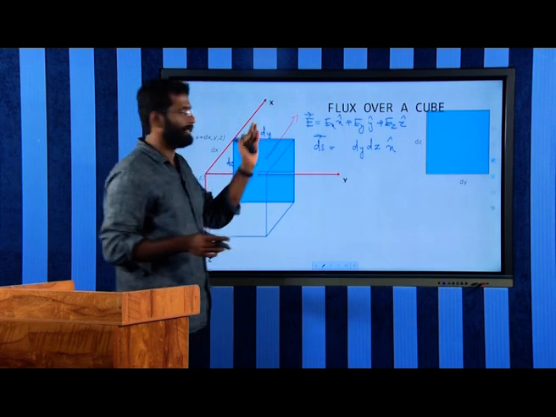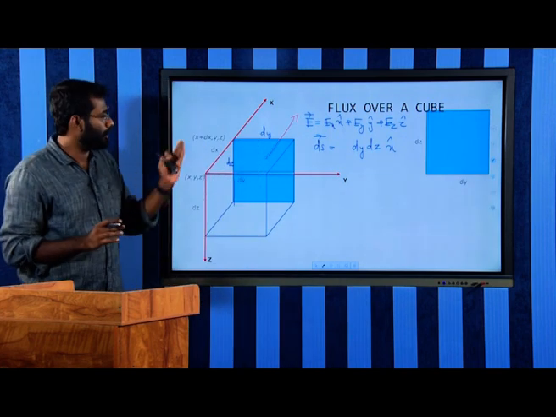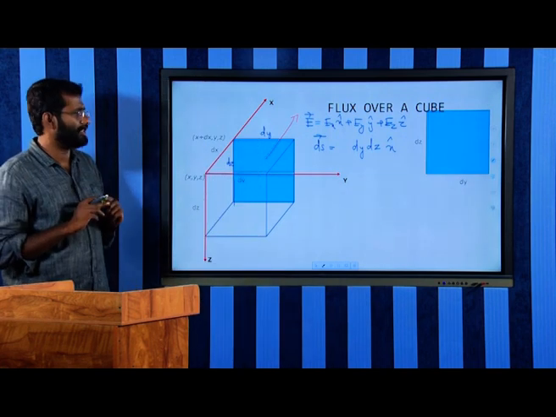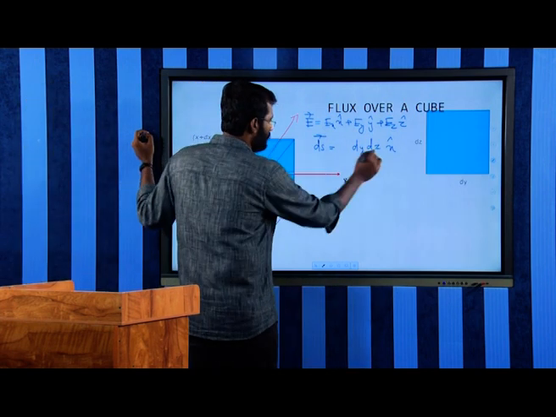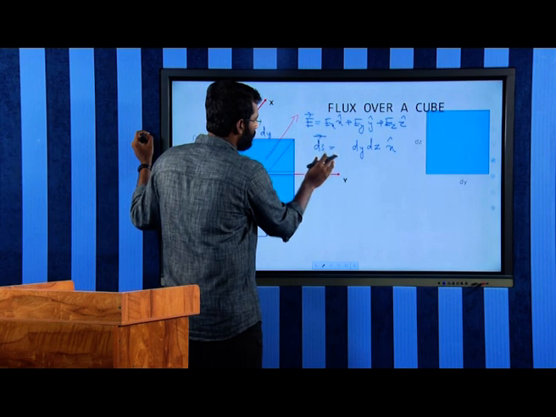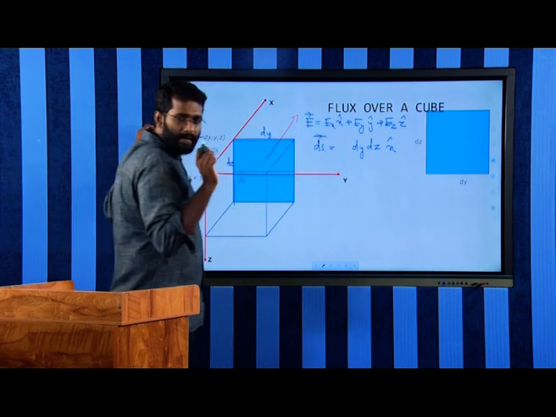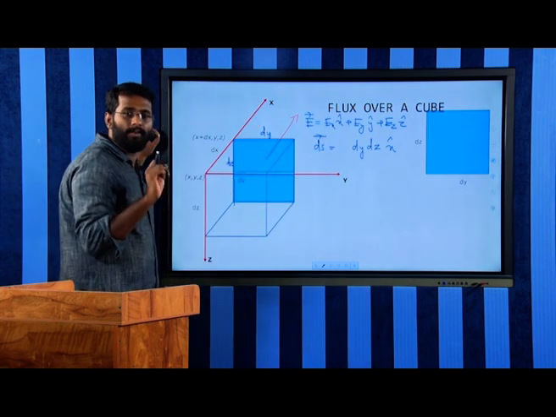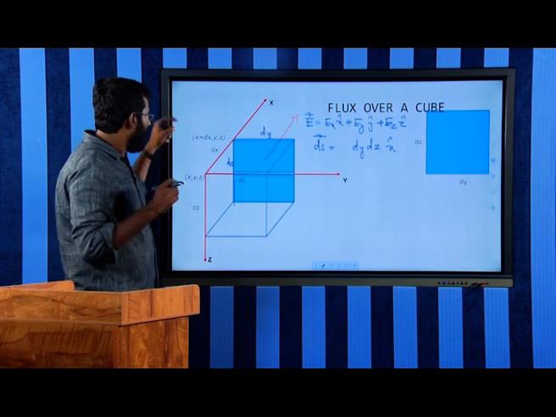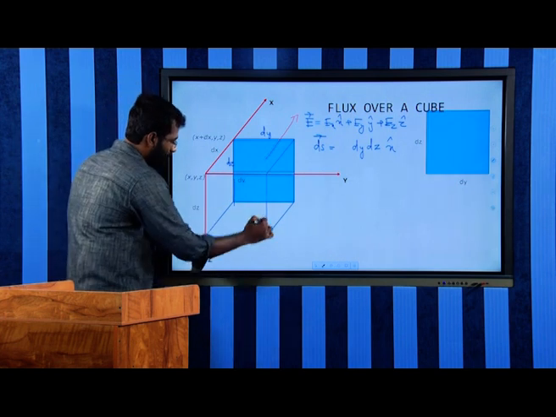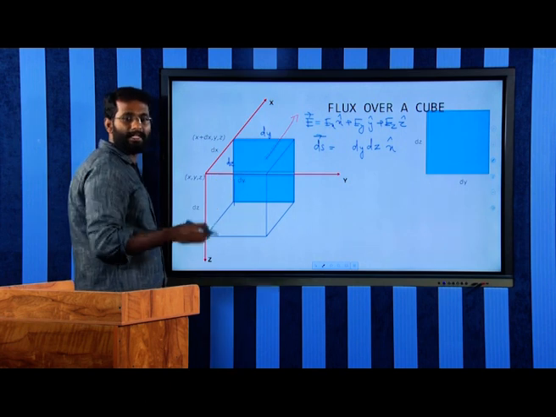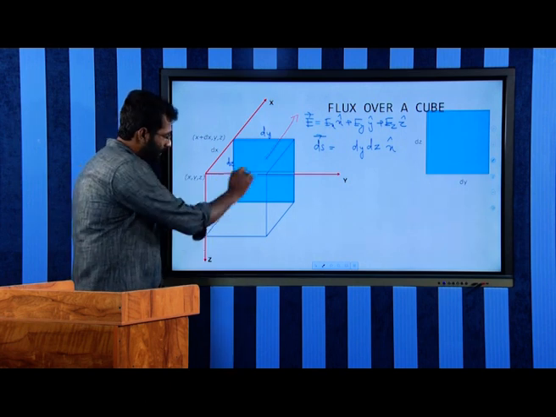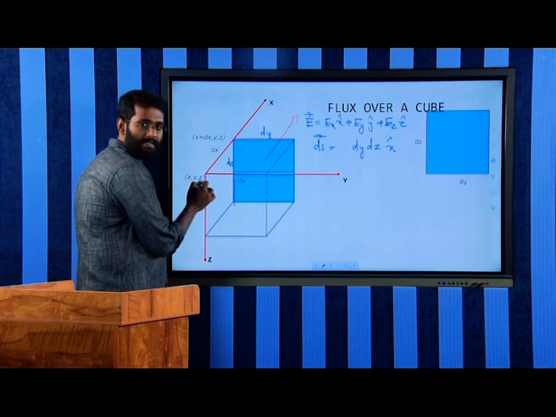Again we get the value of E dot ds, but there is a slight difference here. The product is the same, we can take E dot ds, but the difference is where we are evaluating it. For the front surface we are evaluating at the front surface, that means x y z is the coordinate.